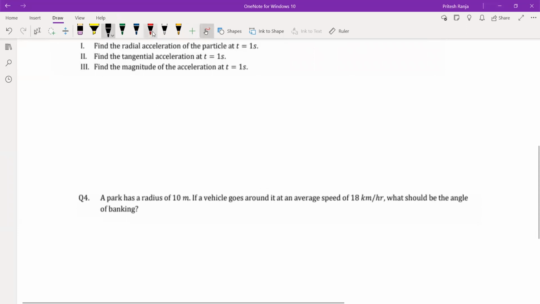So first question number 4 quickly all will do, because we have done all these theories related to what we have here. Even we have seen motion in a vertical circle as well. So question number 4, whoever will do, they will message me the answer.